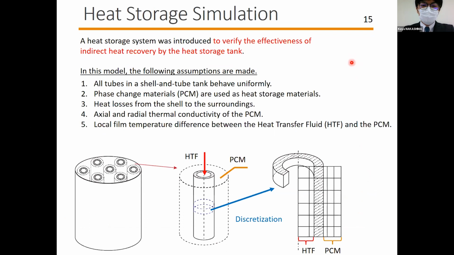For the heat storage system, we assume that all tubes behave uniformly and consider heat losses from the shell to the surroundings, axial and radial thermal conductivity of the PCM, and local film temperature difference between the heat transfer fluid and the PCM.